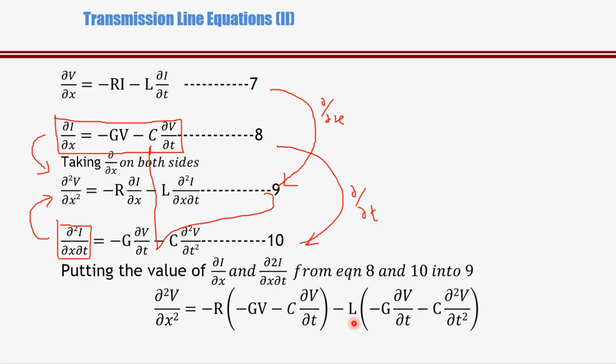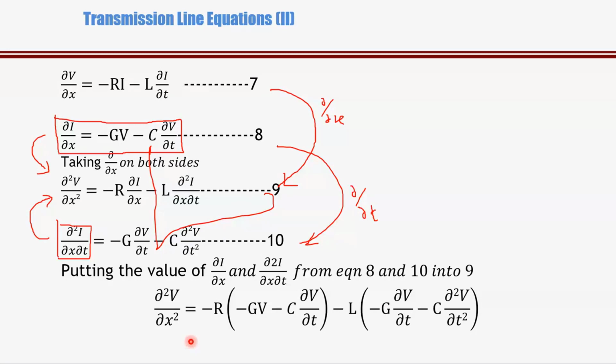Minus L is there in front of the bracket. What is the value of ∂²i/∂x∂t? It is -g ∂v/∂t - c ∂²v/∂t². Correct? So I have put equation number 8 and 10 into equation number 9, and I got this new equation for v.